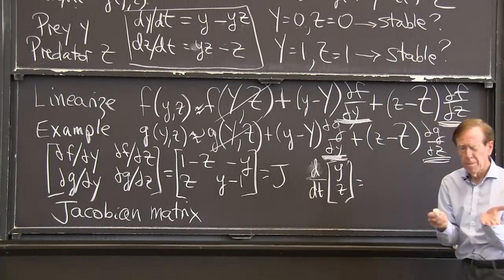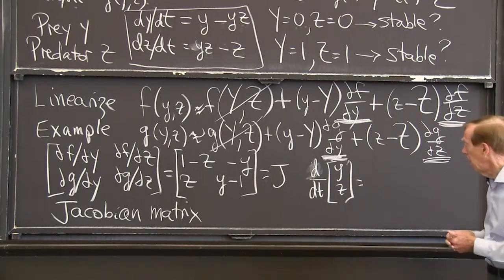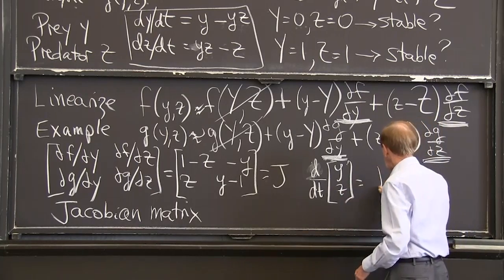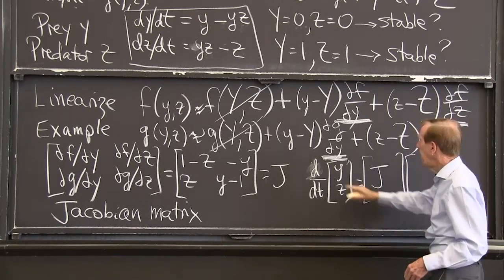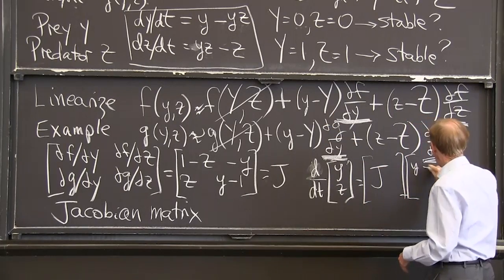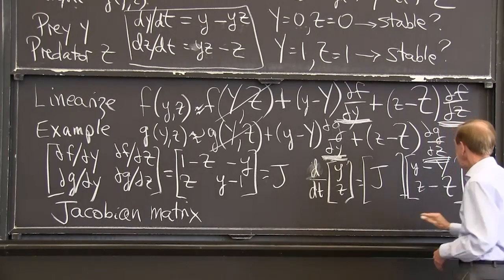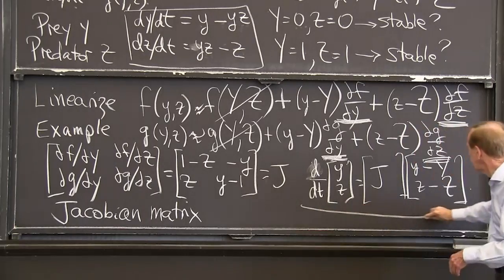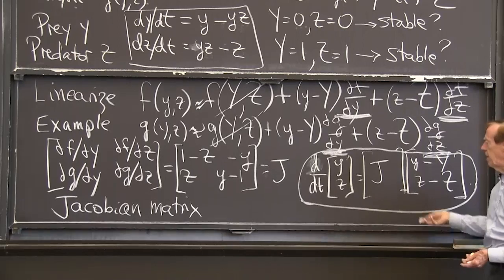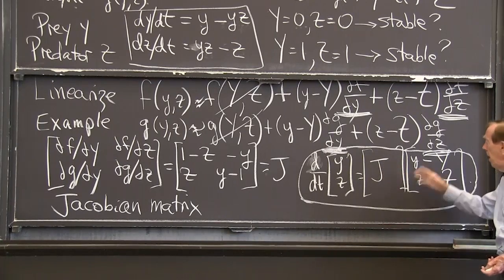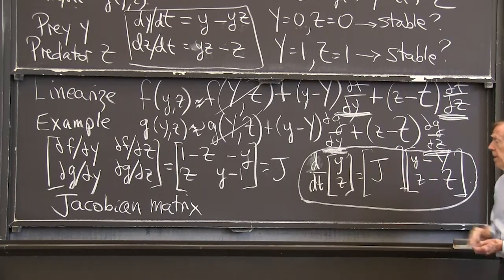I'm using vector notation, putting y and z together instead of separately, no big deal. So then I have this 2 by 2 matrix J times y minus capital Y and z minus capital Z. There is the linearized problem. Linearized because this is constant and this is linear in y and z, and we have a matrix J.